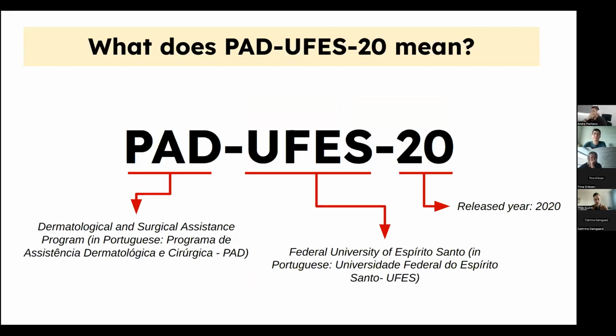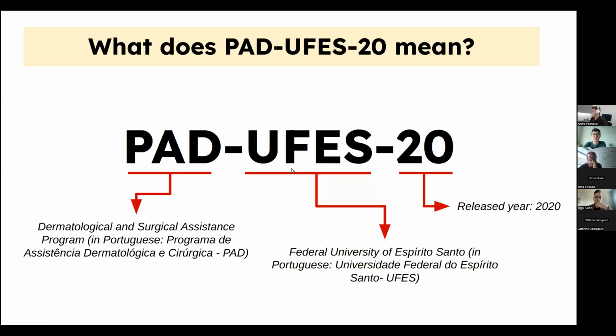And so many people ask me, what does PAD Office 20 mean? So in Portuguese, we say PAD, right? The meaning is quite simple. The PAD is an acronym in Portuguese, of course, for Dermatological and Surgical Assistant Project, which we are going to talk about in a minute.